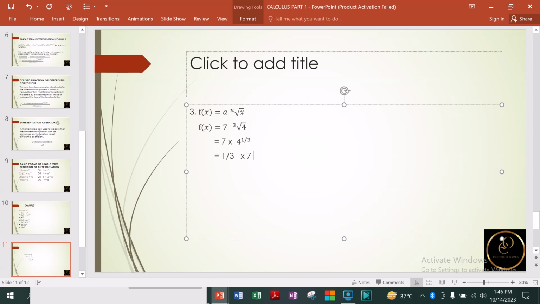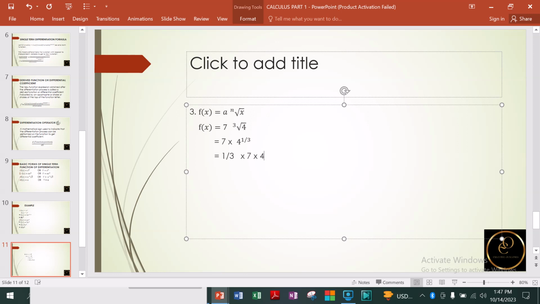And then the power of 4 is going to be reduced by 1.